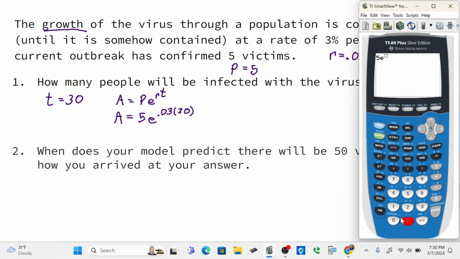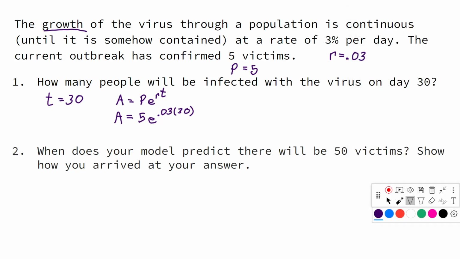So we have 0.03 times 30. And then we press enter and we see that it is approximately 12 people. So A is approximately 12 people on day 30.